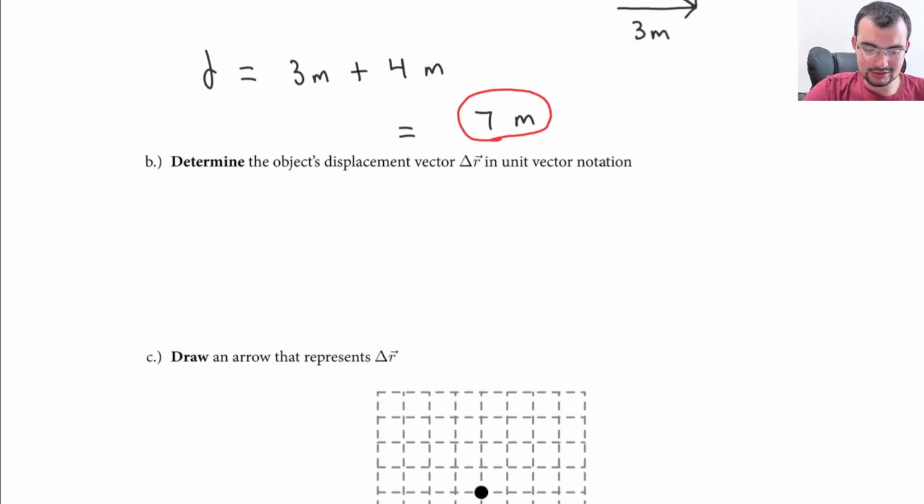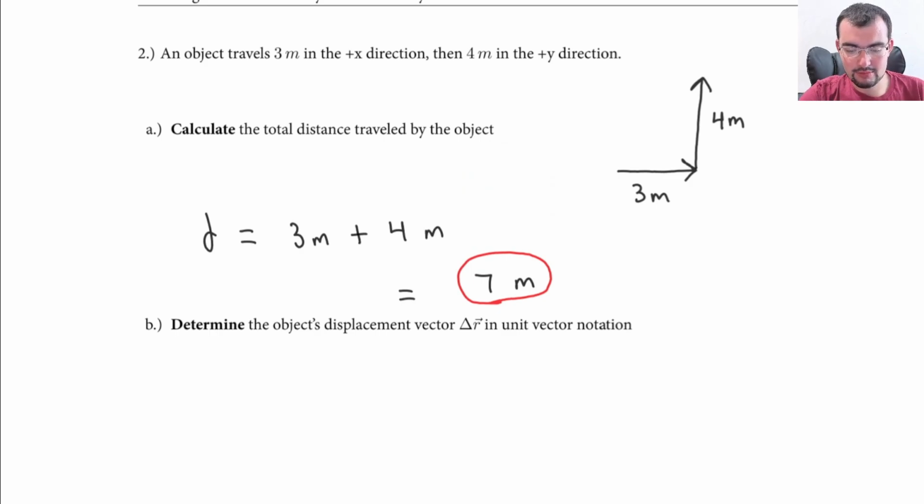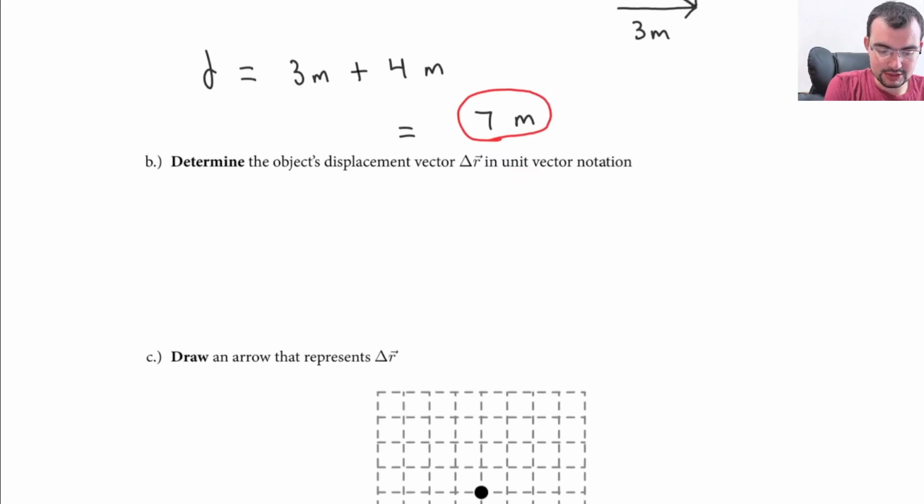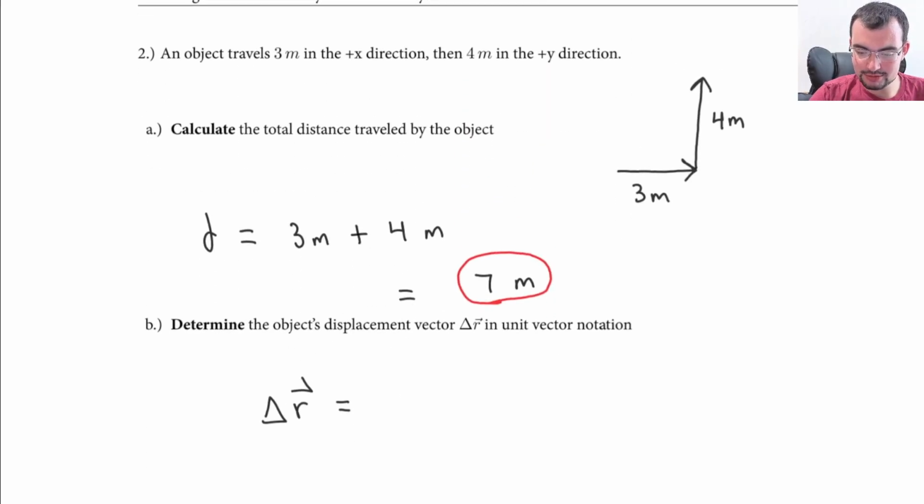Now we want to determine the object's displacement vector in unit vector notation. So what that means is how far did I displace in either direction? So my displacement, well, we look at our diagram here.